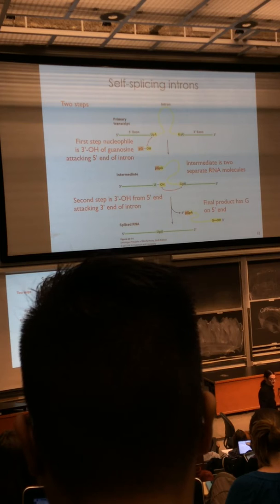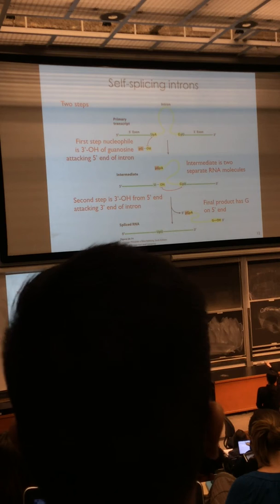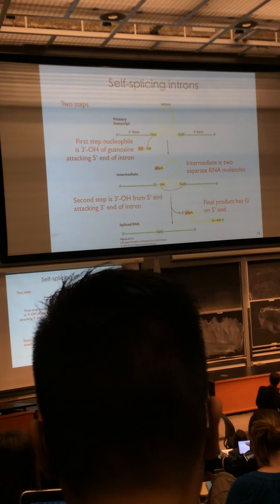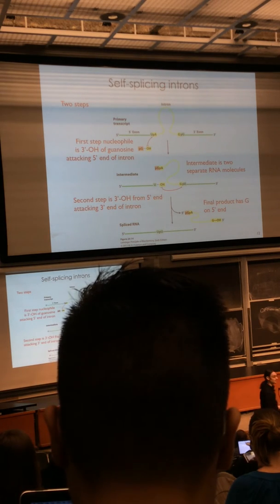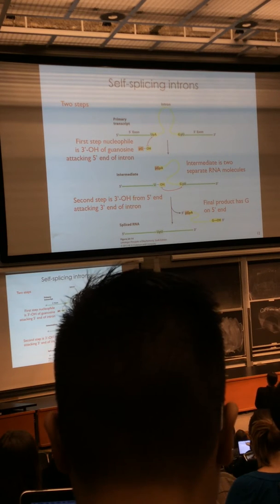So this cleaves the backbone, leaving an intermediate that's actually in 2 separate RNA molecules. It breaks the backbone here. There's the intron with this G attached to the beginning of it, and now we have a free 3' OH on the 5' side of this gap.